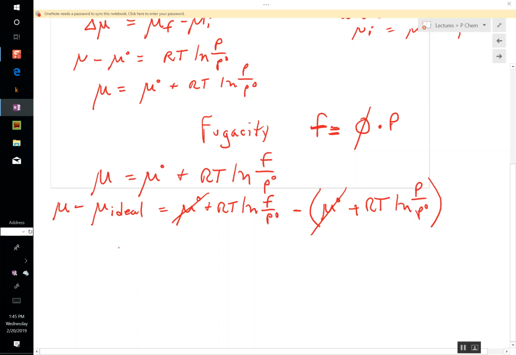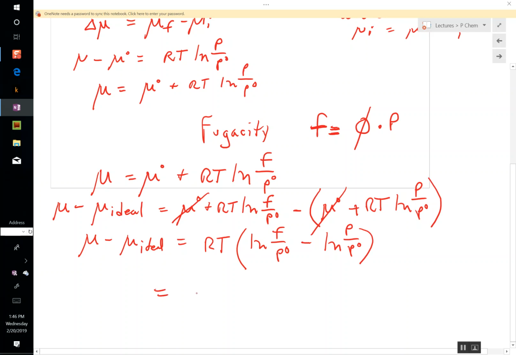And so what we're getting is that this mu minus mu ideal equals, if you bring RT out in front, RT times the ln of F over P naught minus the ln of P over P naught.